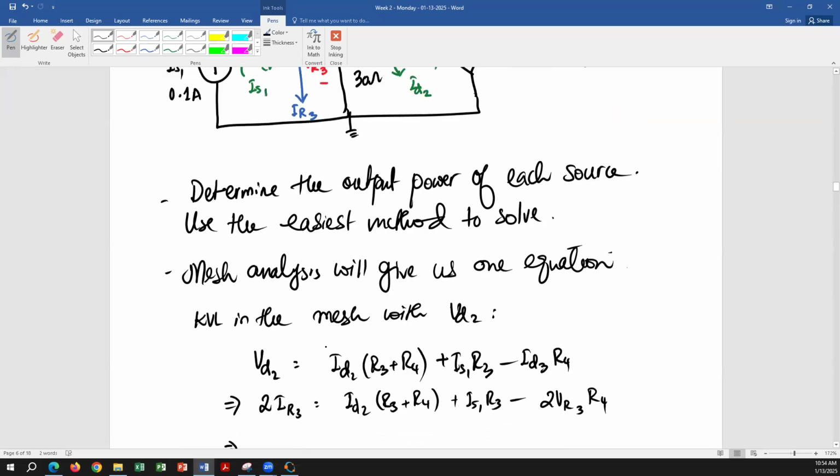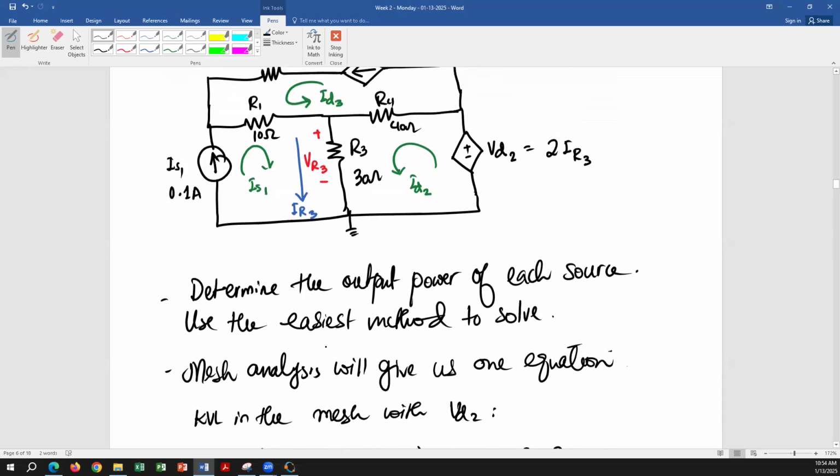Okay, so what is IR3? Who's going to tell me what is IR3? We don't know VR3. IR3 is what from that? No, IR3 is not the voltage. IR3 is the current.